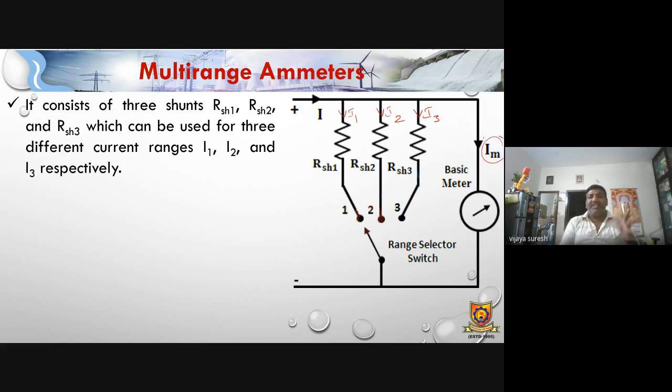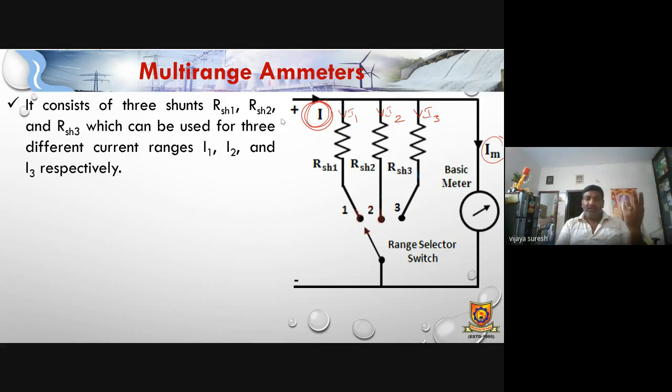We cannot change this IM current because it is the maximum current which can be measured by the meter, so that will never change. If the input I is changing, according to that we can select which resistor can be connected in parallel with the meter.